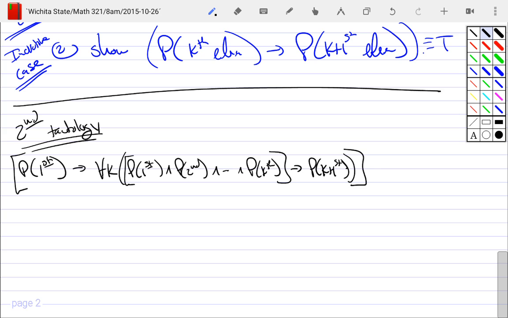All of that implies for all n P of n, and all of this is your tautology. What's the only difference between the two? That right there.